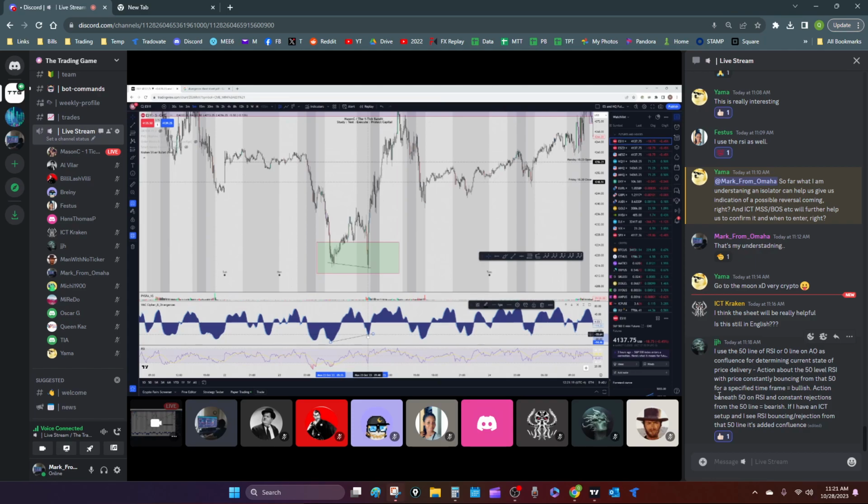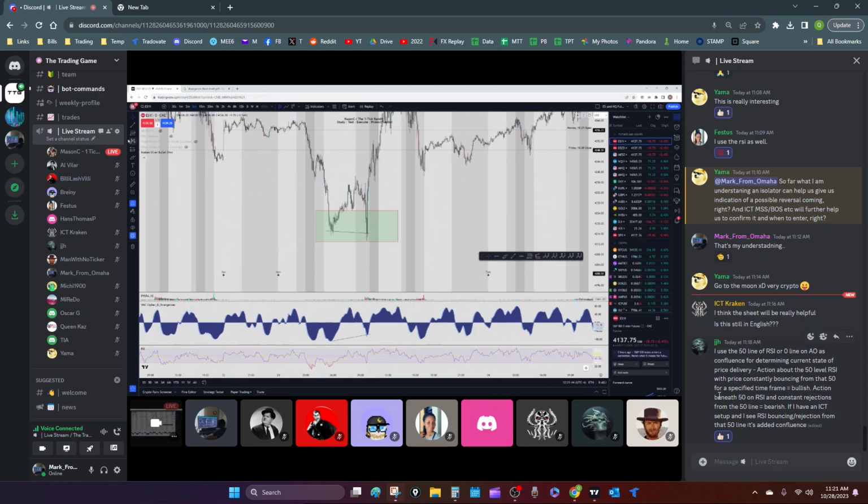There's a bunch of stuff in it. I look at the bodies of the candles. That's the way I like to look at it. I look from the dark blue wave to dark blue wave and the bodies of the candles. Will I take wicks into consideration? Yes, because like ICT says, wicks do the damage, bodies tell the story, right? Same thing in your RSI.